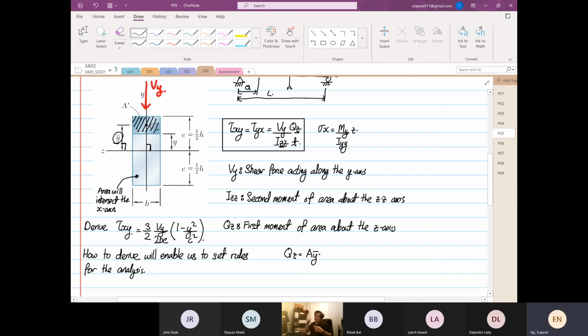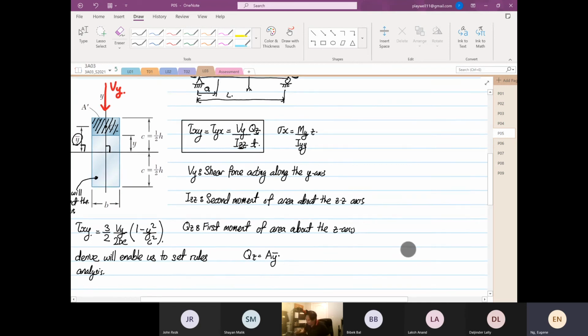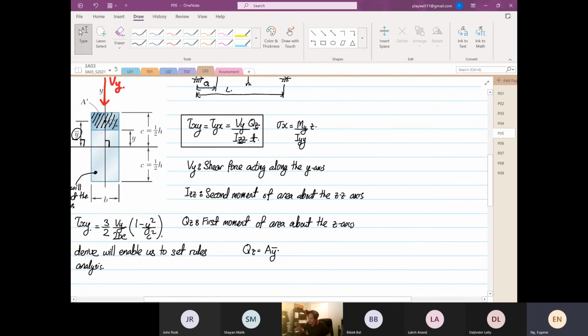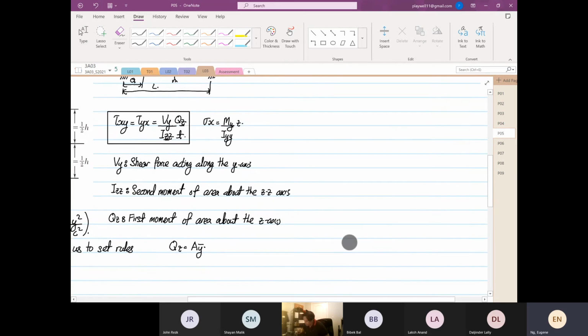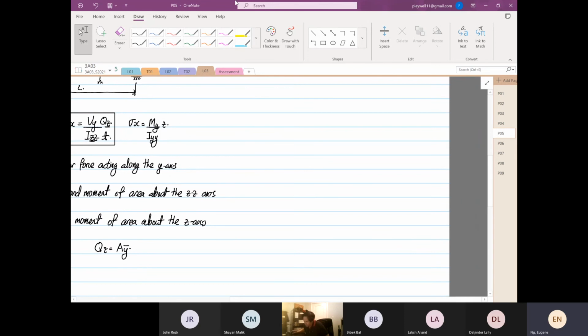Okay. Now, I'm going to change this a bit. What if the shear force is acting in the X direction? Oh, sorry, Z direction. What will happen?